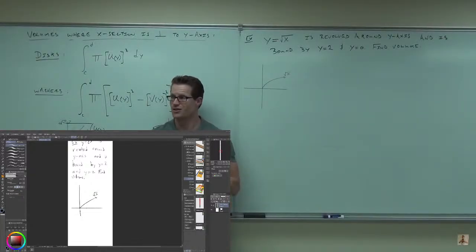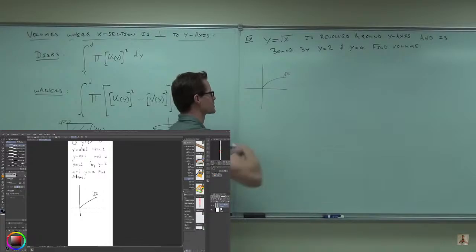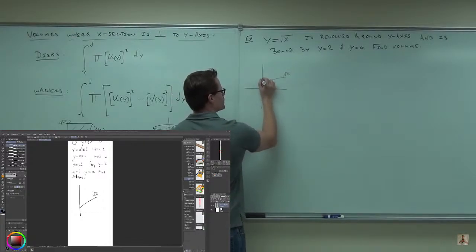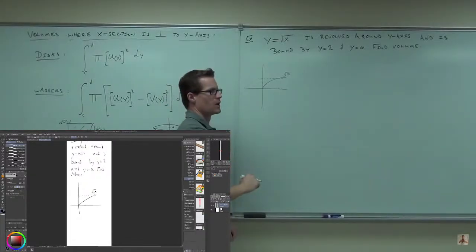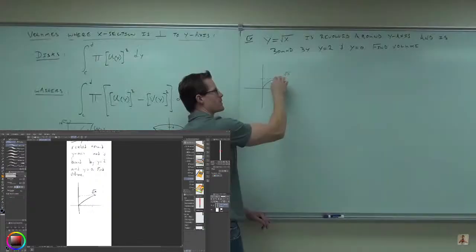Horizontal lines. Yeah, in this context, they're horizontal lines. Remember, y equals a constant equals a horizontal line, yeah? So what this says is, when you go up to 2, it's bound by this. And it's bound by this. This is y equals 2 and y equals 0. So essentially, I'm not worrying about this piece of the graph. I'm just worried about this piece.